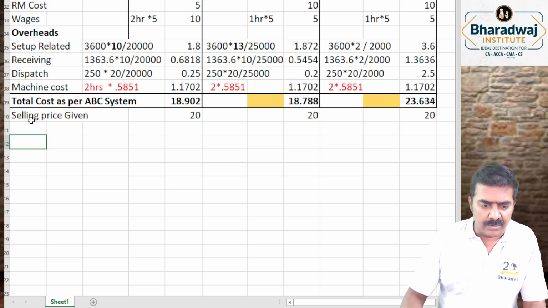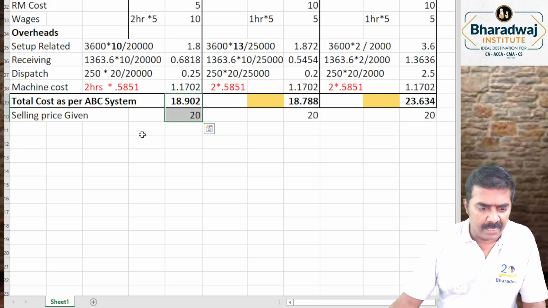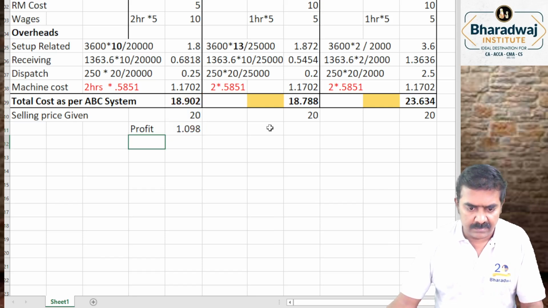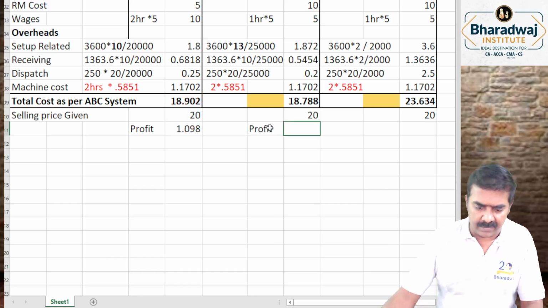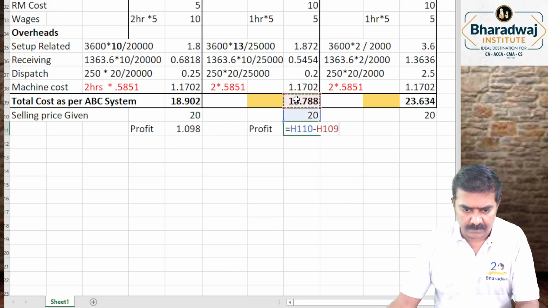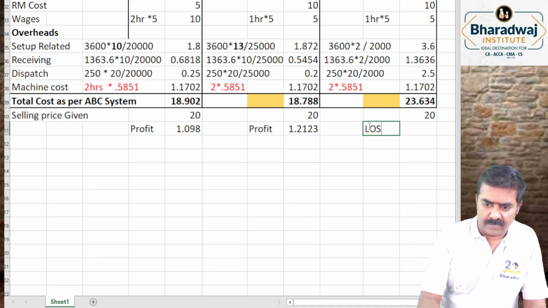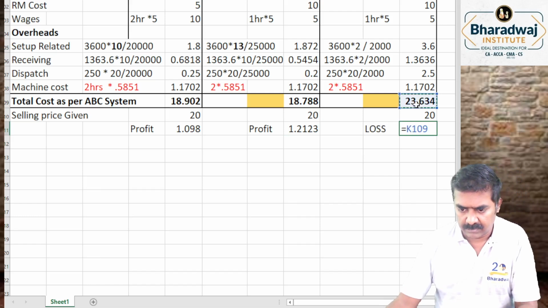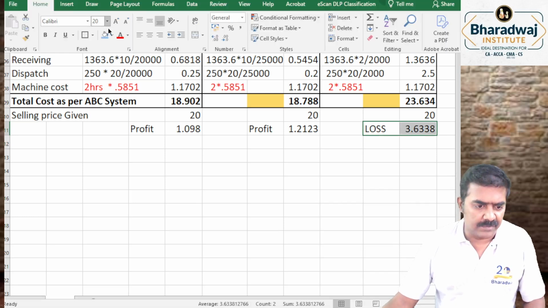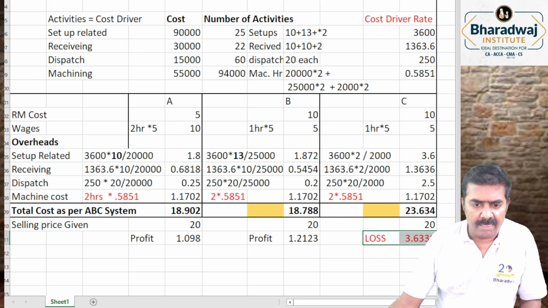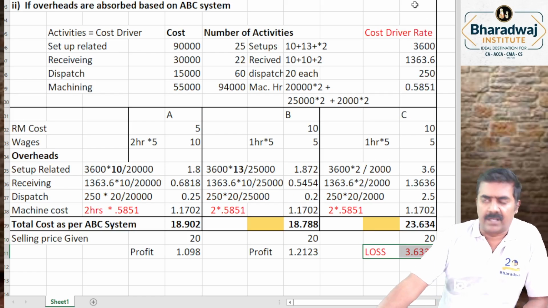So, first one, profit or loss? Profit, 20 minus this. This is also profit. This will be loss. This is in loss. Which product is in loss? C is in loss. Which is in profit? A and B are in profits.